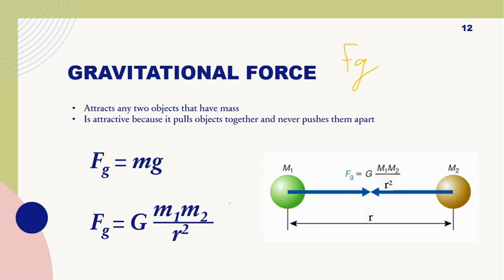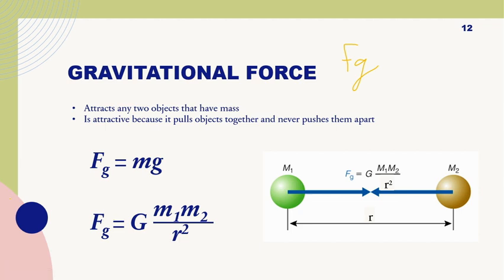Now, what is the difference between the two equations? The first one is used specifically to calculate the gravitational force a planet exerts on objects on or near its surface. The constant g represents the acceleration due to gravity and varies from planet to planet. On Earth, g equals 10 meters per second squared. The second equation is used to find the force of attraction between any two objects.